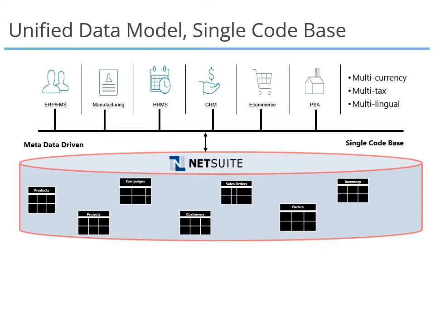For example, once you have initiated a lead in the CRM system and taken it through the sales cycle, when the order is confirmed, the same can be booked in the sales order management system in the ERP solution. There is no need to re-enter all the details again in the ERP system.